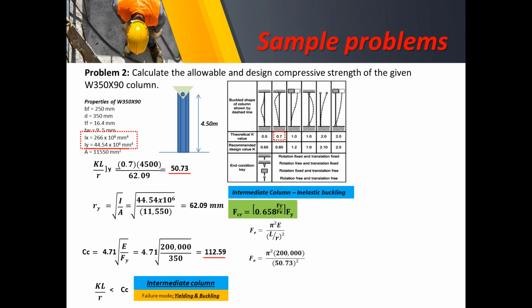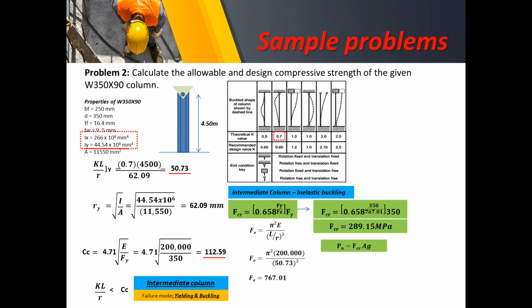Of course, substituting the KL over r and E, we have 767.01 megapascals. Knowing that, we can substitute that into the buckling stress to be used. Okay, so we will derive 289.15 megapascals.